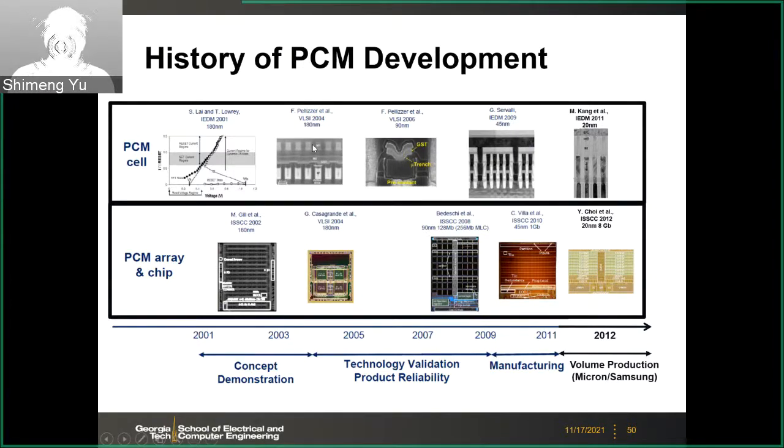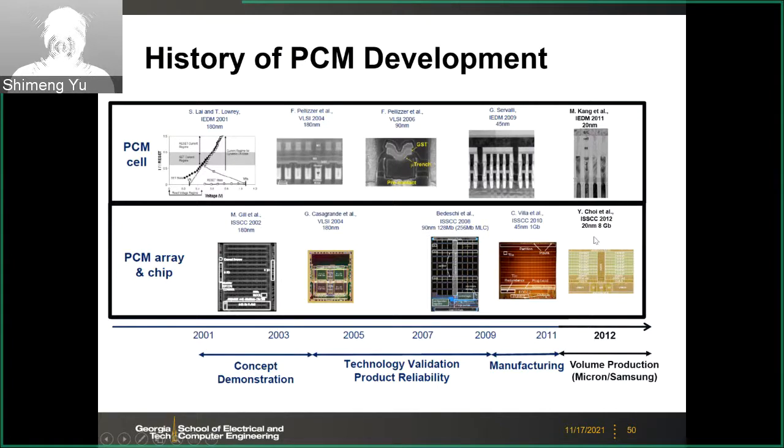So back in the early 2000s, industry had already started phase change memory development at the 180 nanometer technology node. And then there was scaling of phase change memory to 2011, when Samsung, as I mentioned, reported this 20 nanometer feature size cross-point array, also with a chip-level demonstration.